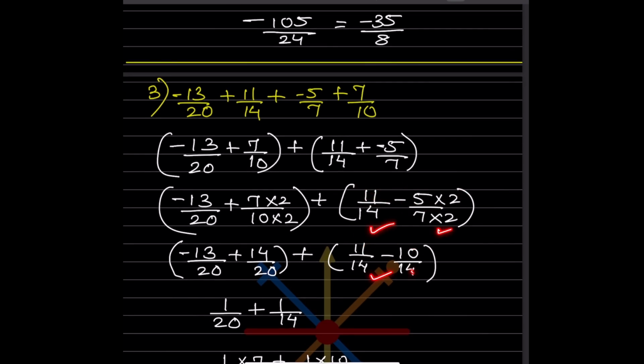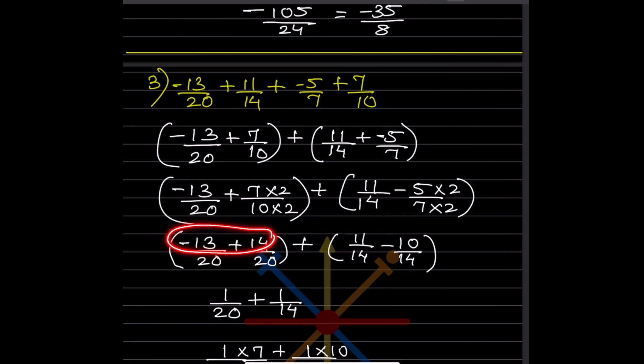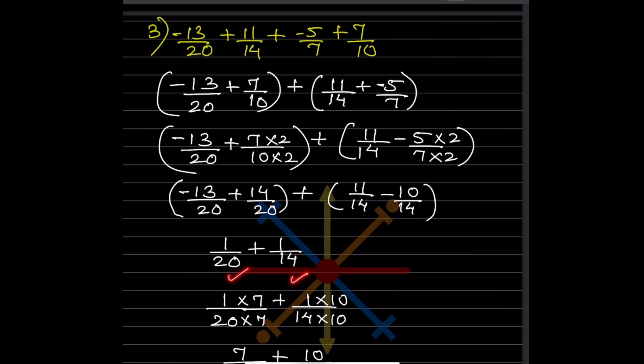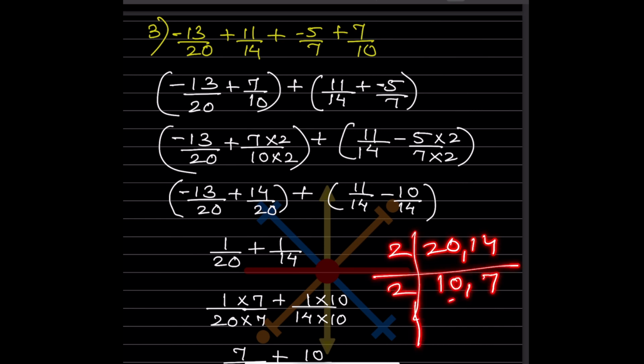The denominator is the same. So now here plus 14 minus 13, that will be 1. So 1 by 20. Otherwise, you can write one step minus 13 plus 14 and then divide by 20 if you want this step, or you can write it directly. So 11 minus 10, that will be 1 by 14. Now again here the denominators are different. After taking the LCM, if you don't know it directly, because this is slightly different: 2 tens are, 2 sevens are, 2 fives are, then 5 ones are, and 7 ones are.